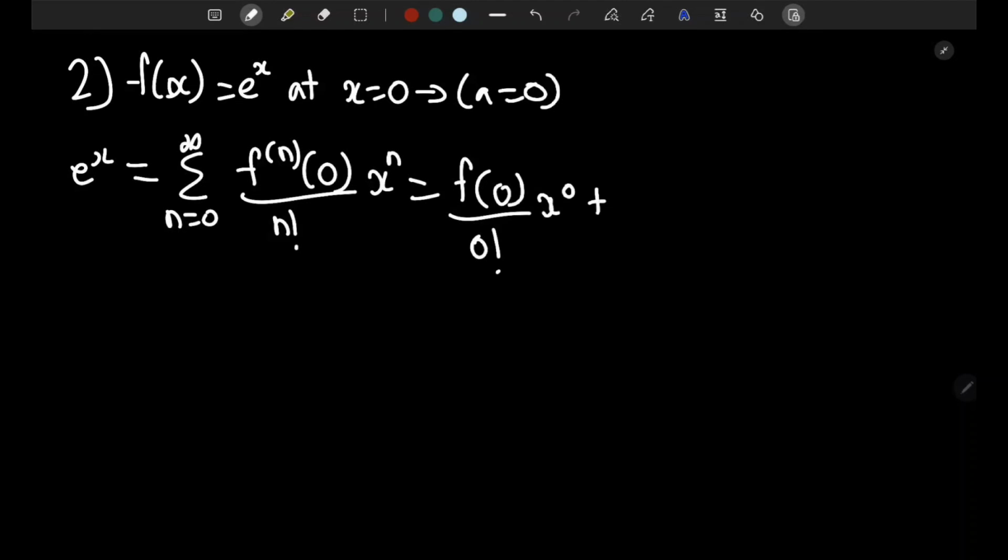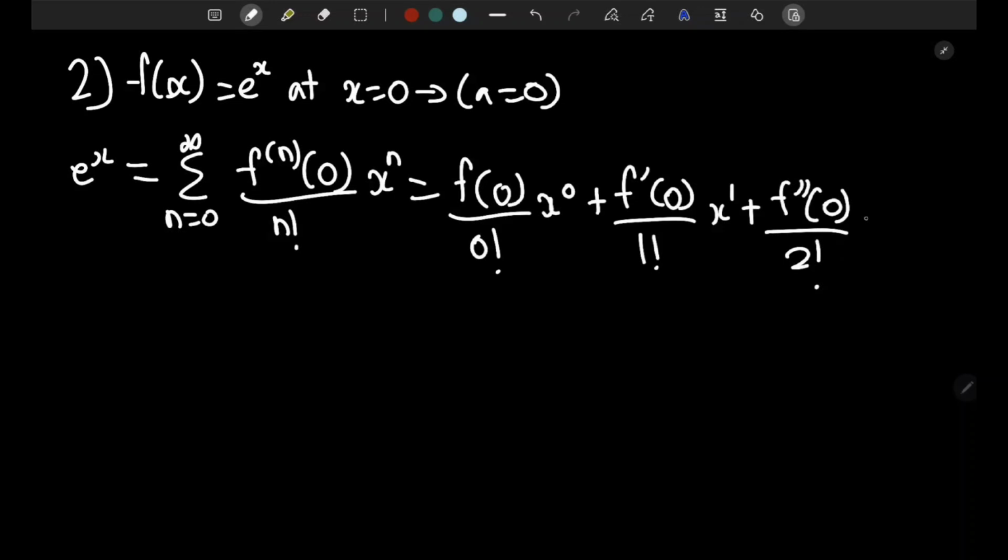Now when n is equal to 1, it will be the first derivative, so f prime at 0 over 1 factorial multiplied by x to the power of 1. Now the second derivative, f double prime evaluated at 0, over 2 factorial multiplied by x squared.